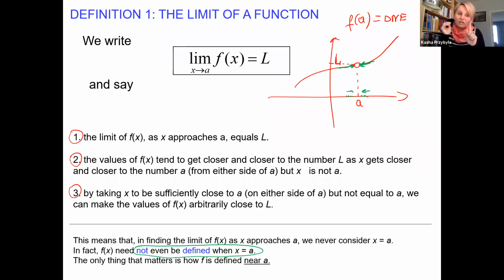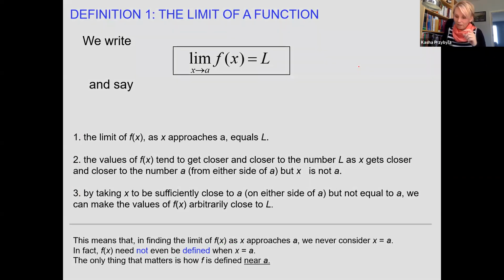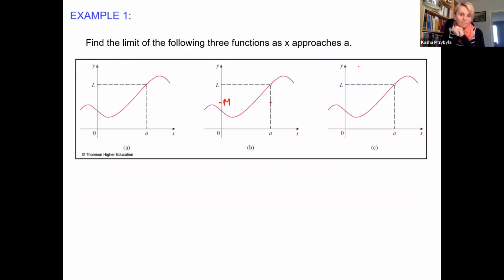I have one exercise that I would like to finish this section. It's from your textbook, looking at these three different graphs, A, B, and C. I would like you to tell me what is the value at a and what is the limit of the function as x approaches a.